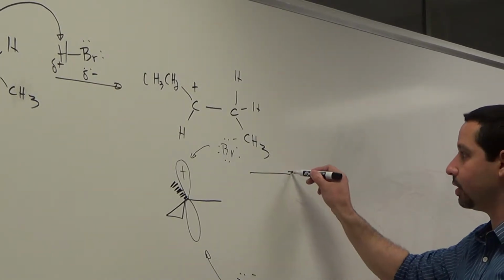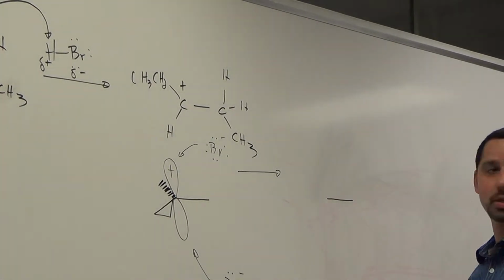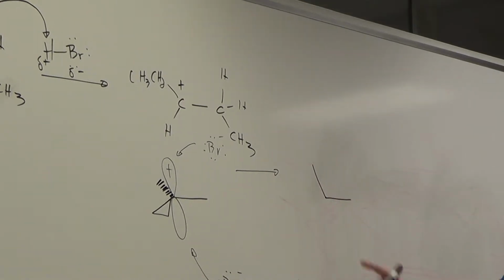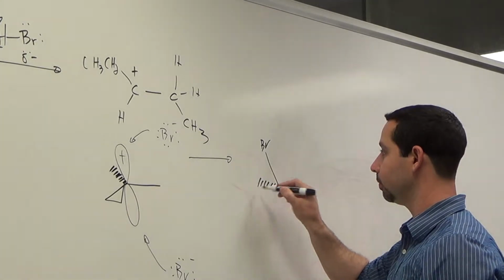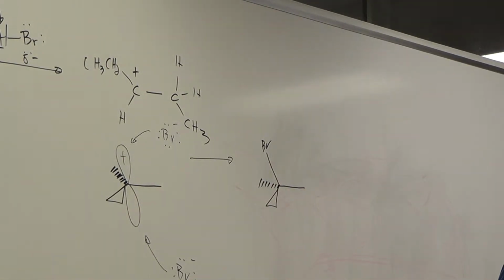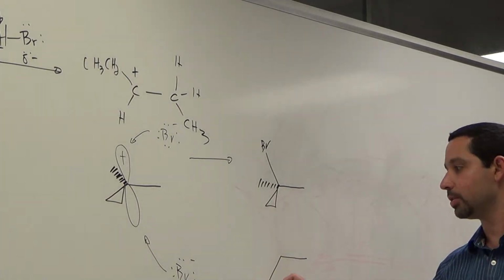If the bromine attacked from the top, what do you get? You get something that looks like this with a new bond, which I'm going to draw like that. The new bond will be the Br. And if it attacks through the bottom, you are going to get this.